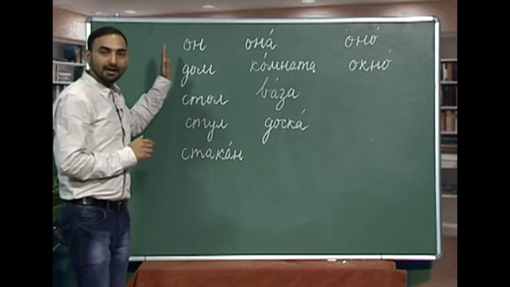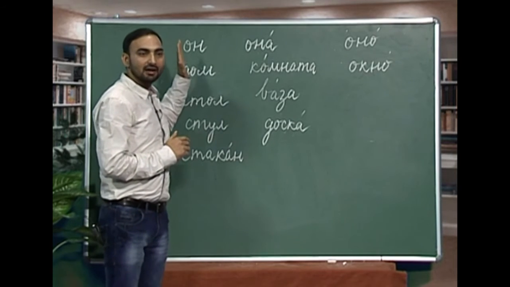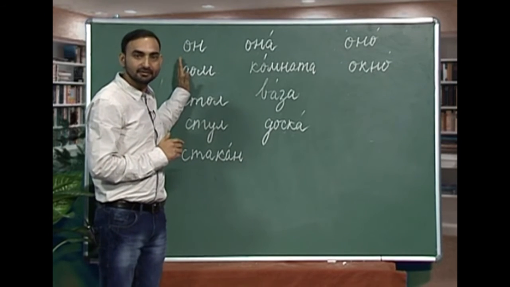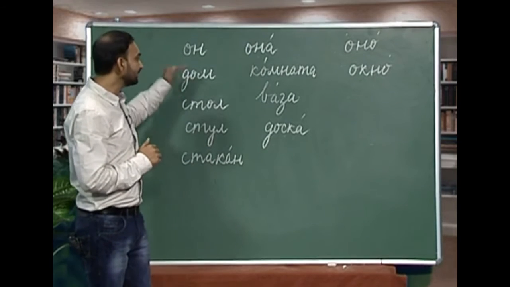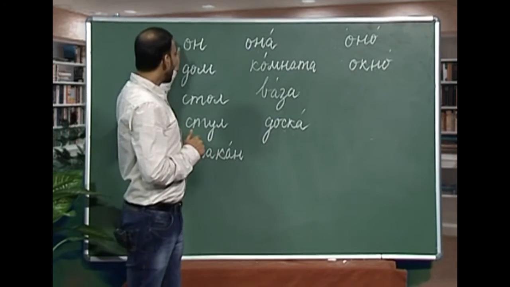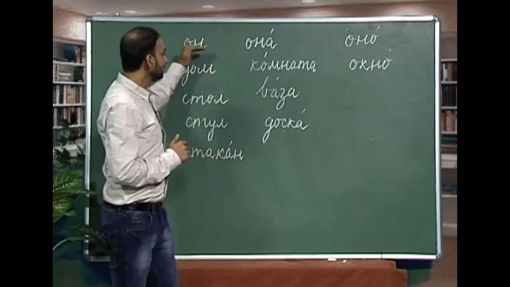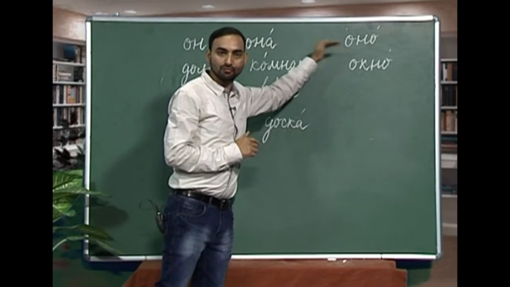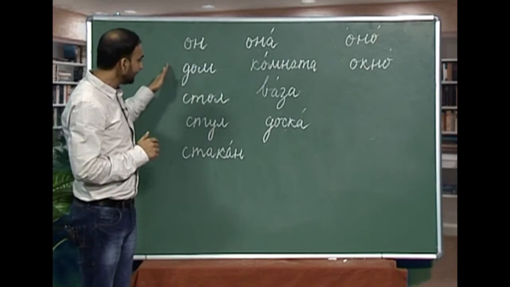Before ending the lesson, I will introduce our next topic, which is the gender of nouns in Russian. I have written some words on the blackboard and categorized them into 3 columns: on, ona and ono. Let us read these words quickly.